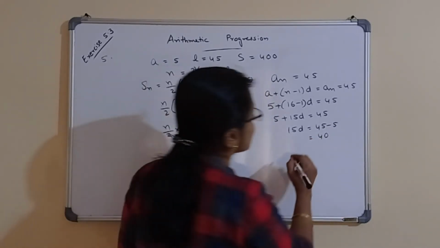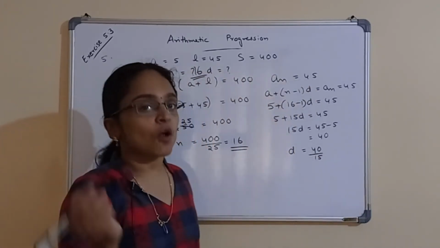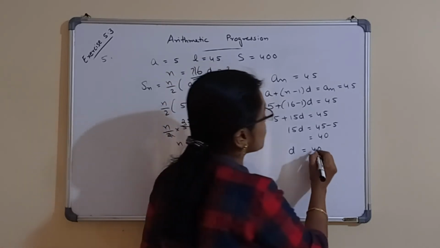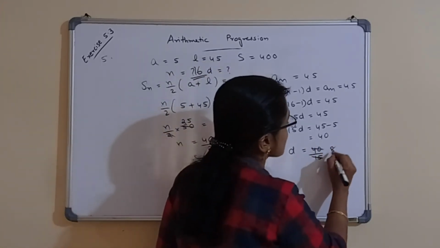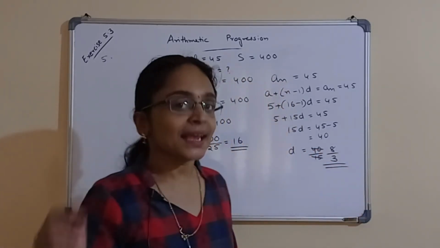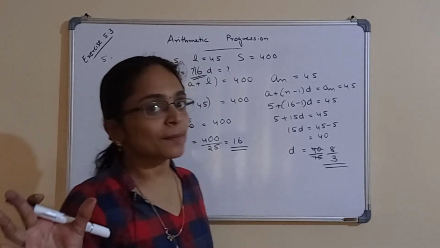So what is d? d is equal to 40 by 15. 5 is common in both numerator and denominator, so we can divide numerator and denominator by 5. 40 by 5 is 8 and 15 by 5 is 3. So d is equal to 8 by 3. The common difference here is 8 by 3. Okay.